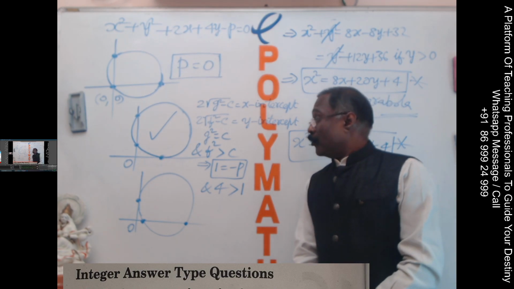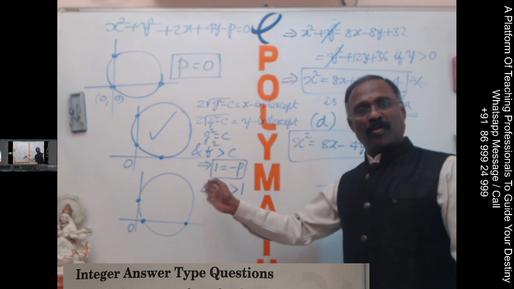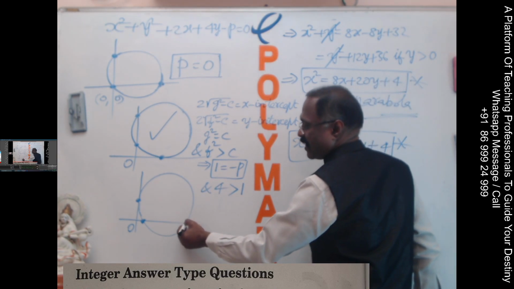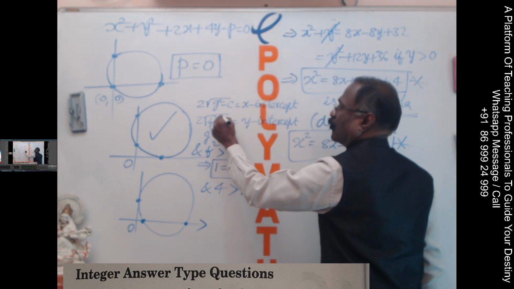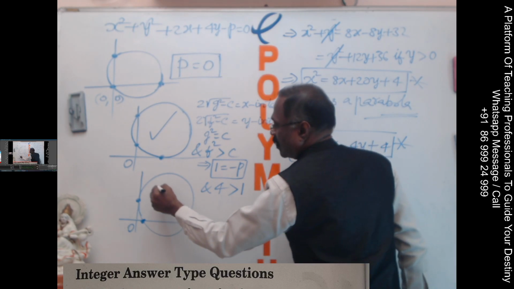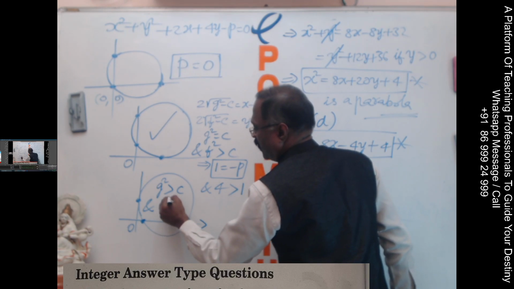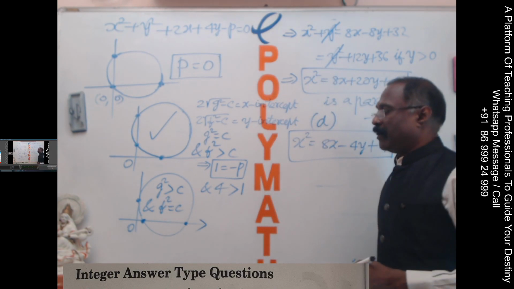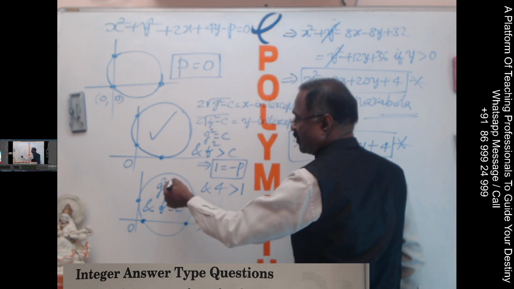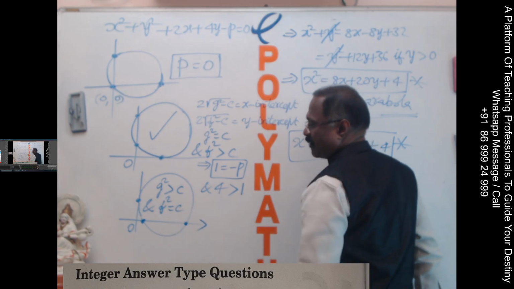By now, you must have understood how to check this. In this case, 2 real roots on the x-axis means g square must be greater than c, and f square must be equal to c. What is g square in this case? g square is 1. What is f square here?